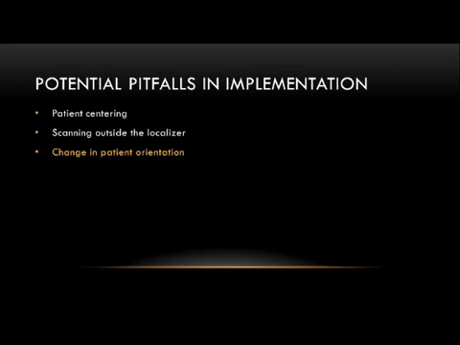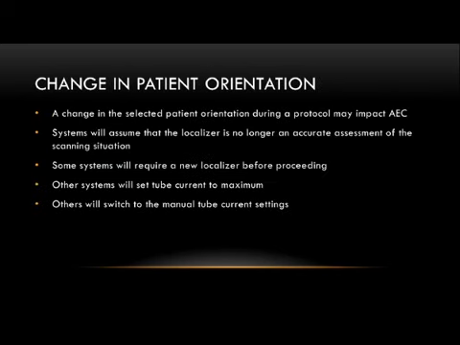Maybe some virtual colonoscopies, where you would acquire one prone and one supine, for instance, and if you don't acquire another radiograph and you tell the system that you've switched orientations, it has no idea what to do because it doesn't know where things are. The assumptions that it has have gone out the window. And so that can have an effect on how the tube current modulation is implemented as well.